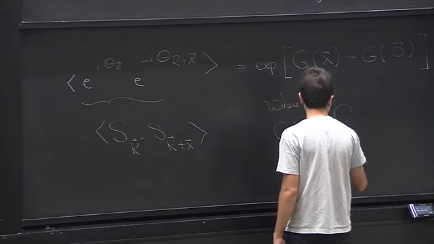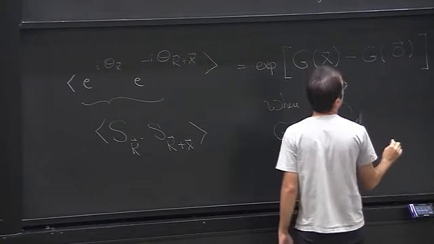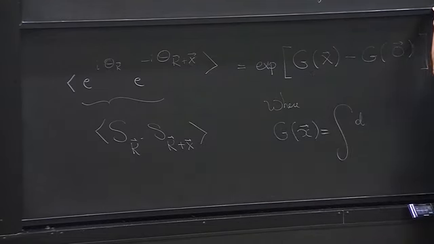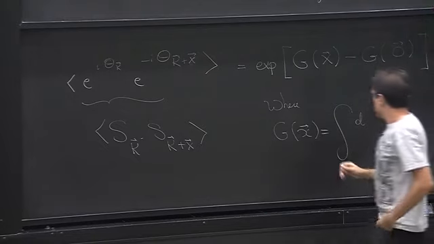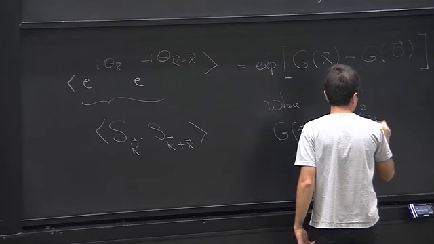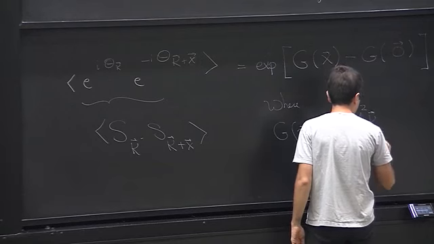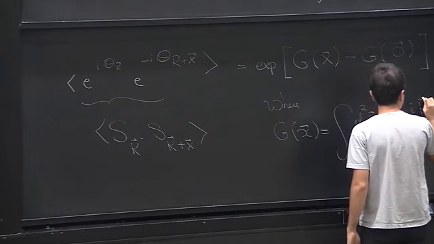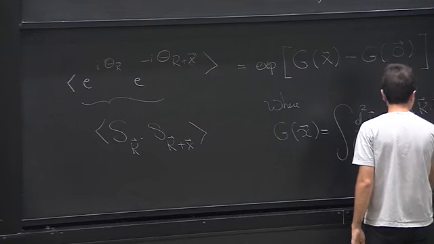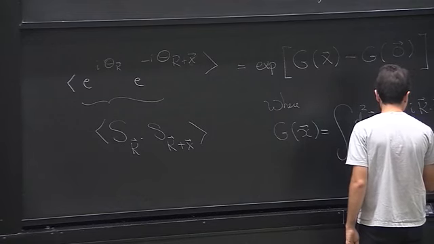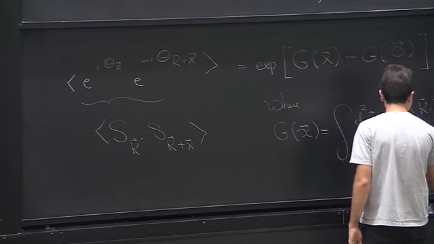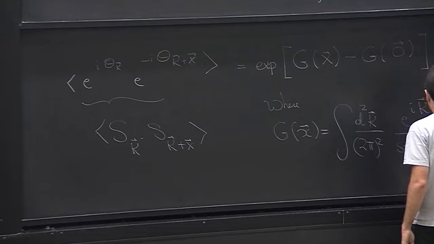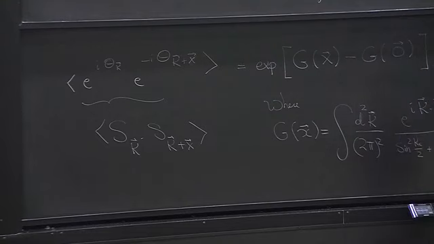G of x is equal to the integral. Actually, sorry, there's no L squared here. I already converted into an integral. Integral d^2k over (2 pi) squared, e to the i k dot x divided by sine square of k_x over 2 plus sine square of k_y over 2.